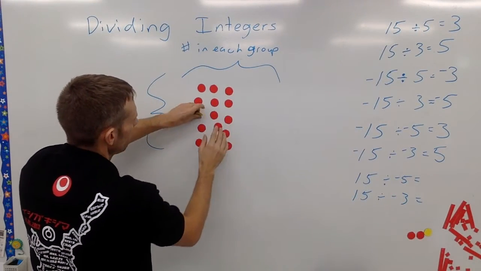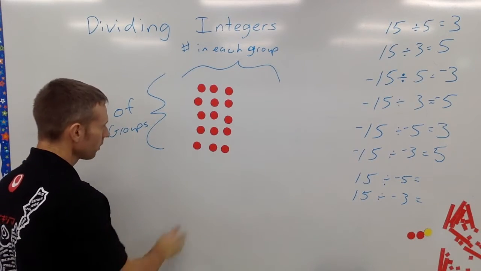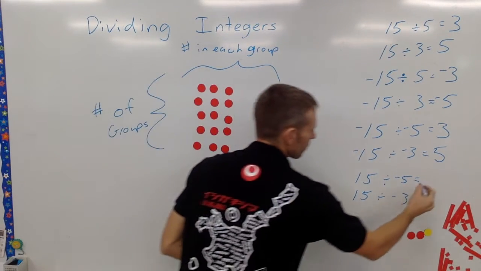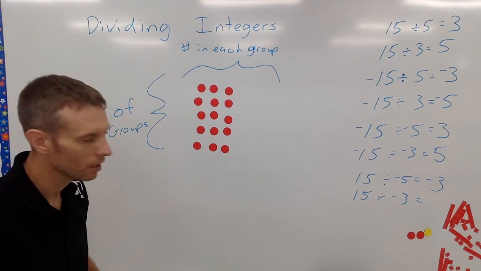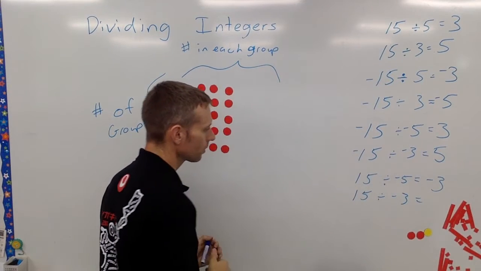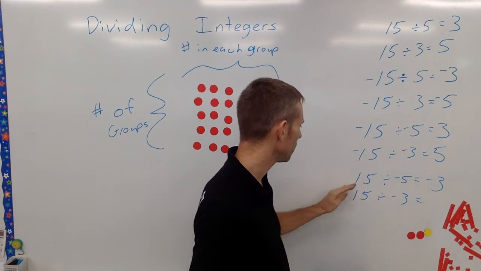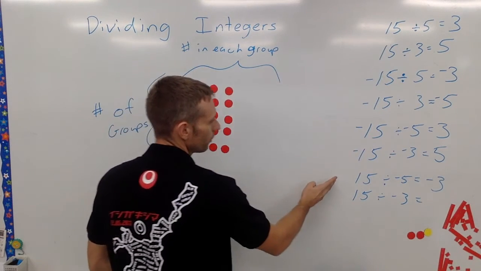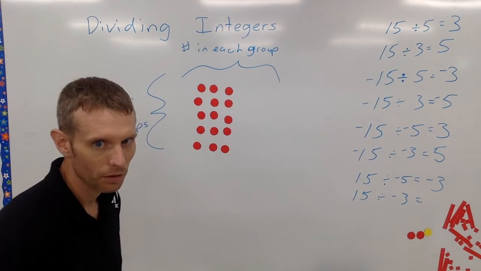I had a positive 15 and divided it by negative 5. Now we can see we have negative 3 in each group. We learned already negative 3 times negative 5 gives us our positive 15. Positive 15 divided by negative 5 gives us negative 3.